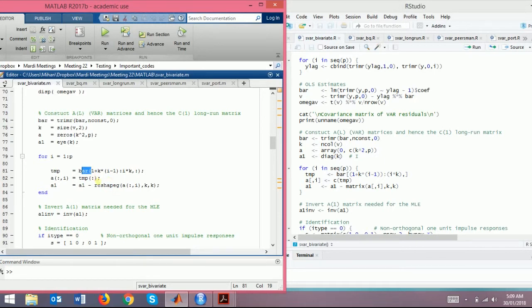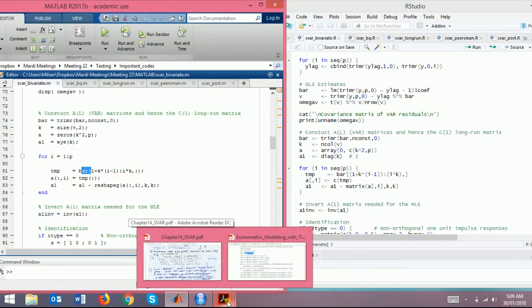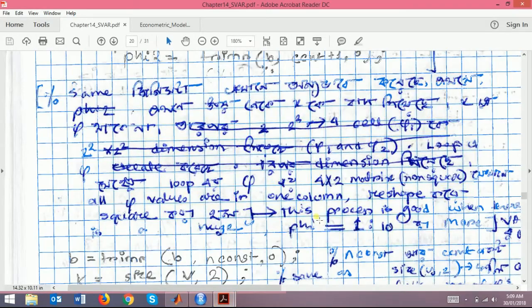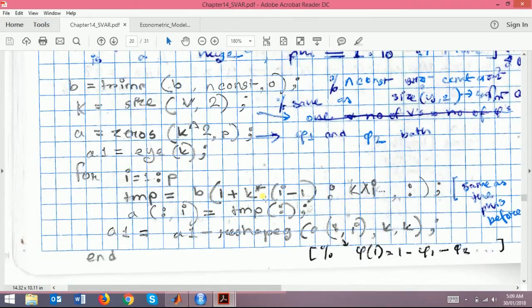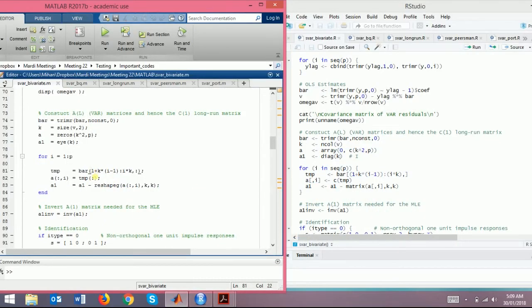The phi element is 1 minus phi1 up until 1 minus phi i, right? That is what we learned from theory. So 1 plus k, whatever number of variables we have. K is the number of variables you have.